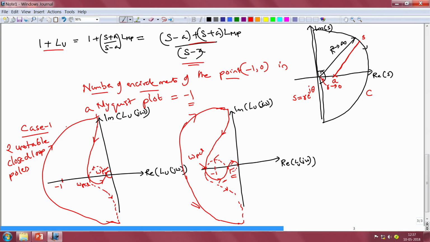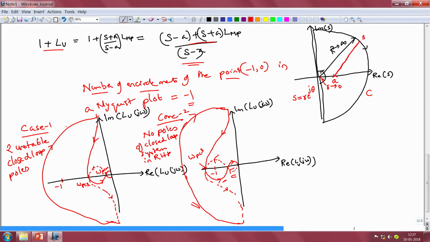So, it is for case 2 that we end up with a stable closed loop system. So, no poles of the closed loop system in the right half plane, RHP.